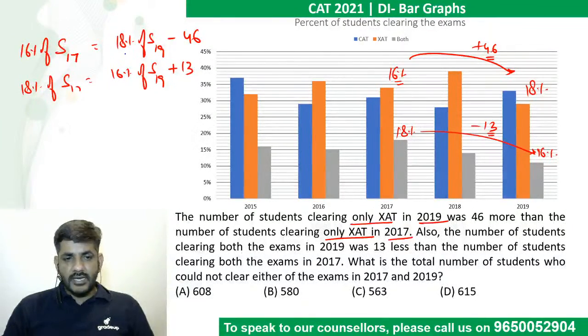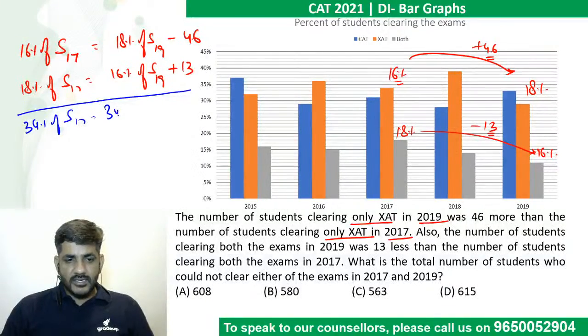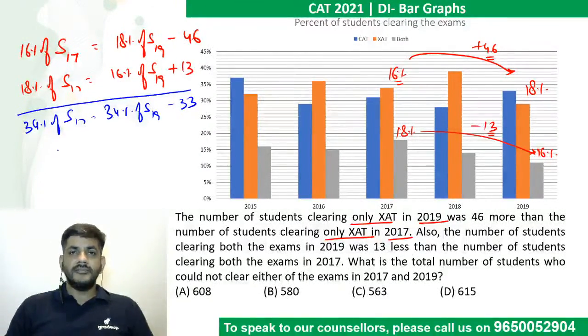16% of 17 and 18% of 19, they differ by 46. 18% of 17, 16% of 19, they differ by 13. What if I add the two equations? So can I say 34% of 17 and 34% of 19 is how much? Minus 46 plus 13 is minus 33.